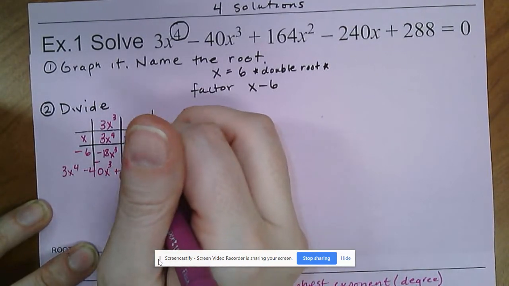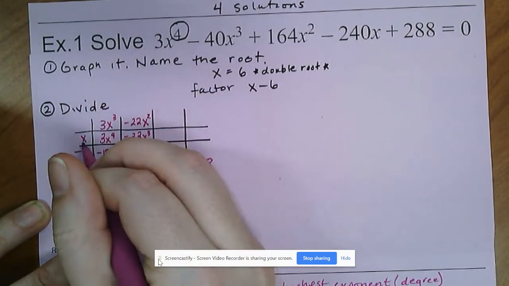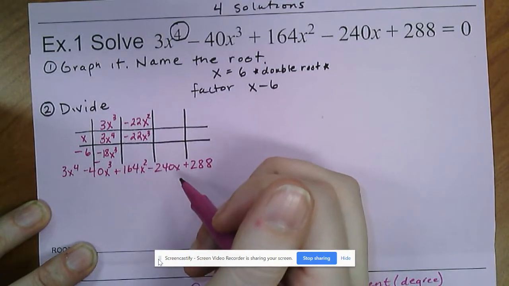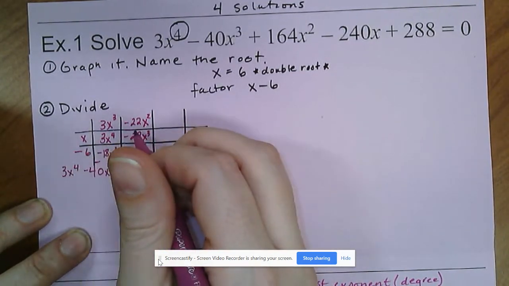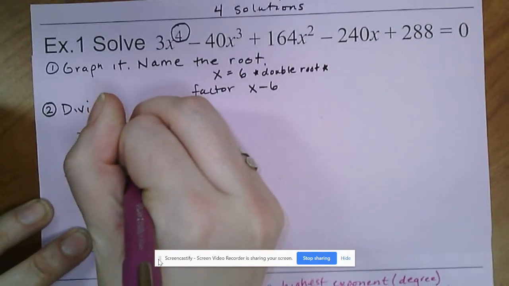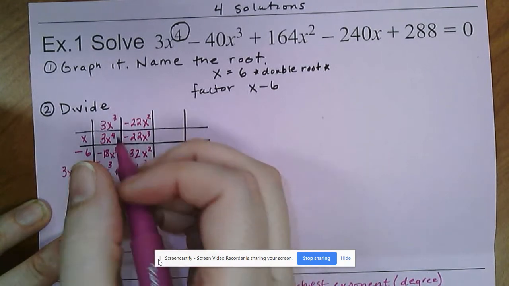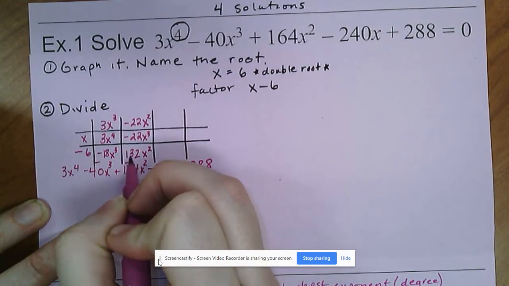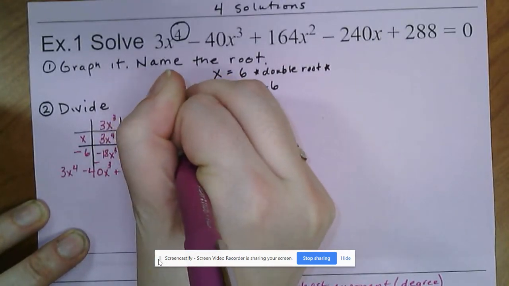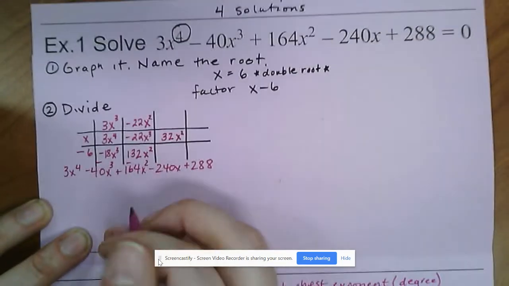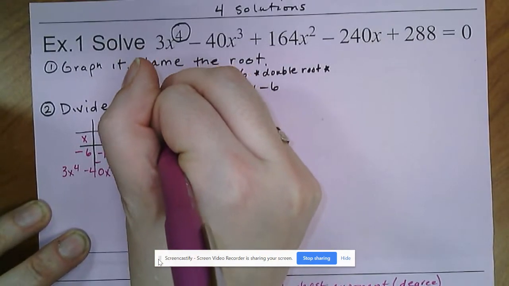And now I start the process over again. Negative 22x squared times x gives me negative 22x cubed. Then I'm going to multiply my row and my column. And when I do that, I get 132x squared. And then I'm going to subtract 164 minus 132. And I get 32x squared. And what do I multiply x by to get 32x squared? 32x.